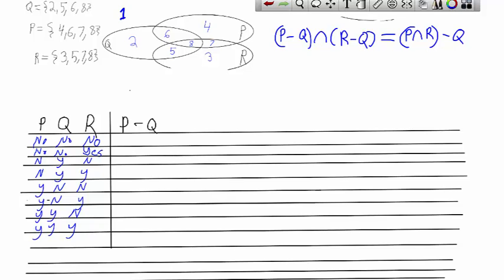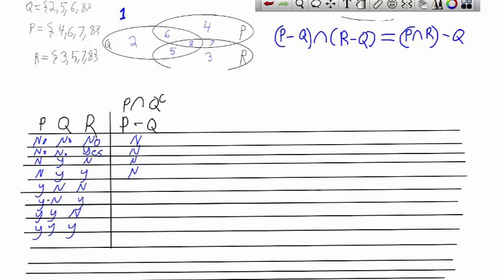And if you want to get more set-like about it, remember that's the same as saying P intersection Q complement, not Q. So because we know it must be a member of P, everywhere we see an N for P, we can just write a no. We know that it is not an element of that set.